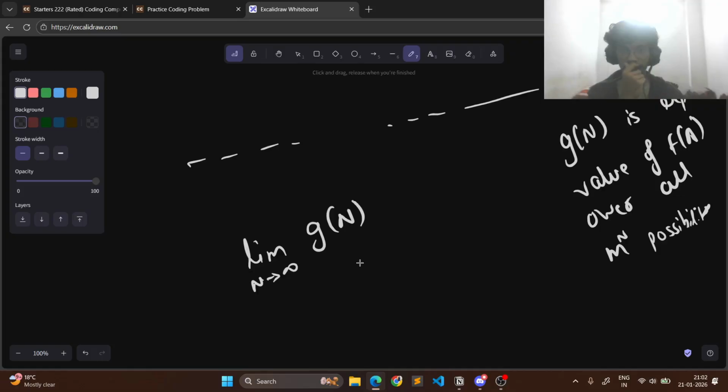So n is approaching infinity and g of n is the expected value of f of a.